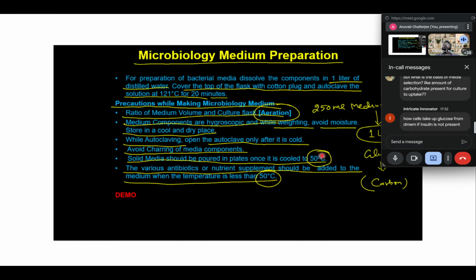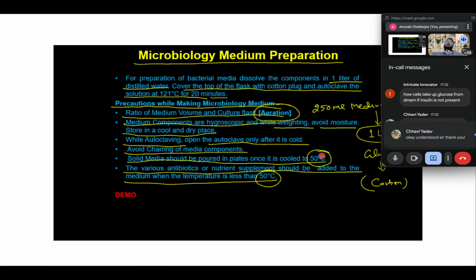How do cells take up glucose from DMEM? So when you put in the serum, the FBS, serum is the part of the blood which is devoid of red blood cells. It is supposed to have every hormone that the cells need to grow. It also contains insulin and growth factors which help the cells to grow.